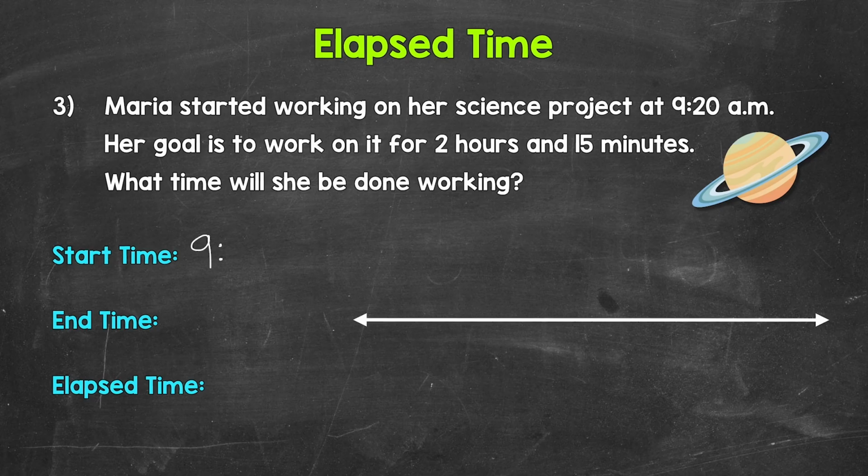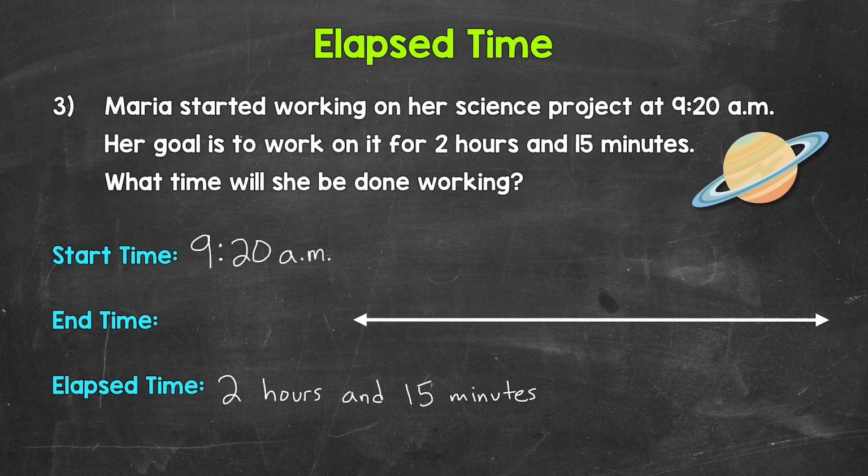Maria started working on her project at 9:20 a.m. And we also know how long she wants to work on the project, the elapsed time. That's 2 hours and 15 minutes. We need to figure out what time Maria will be done working, the end time. So basically, we need to work from the start time to figure out the end time.